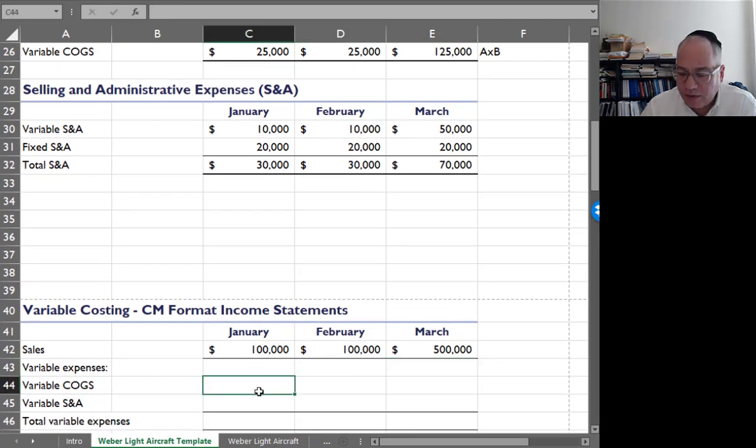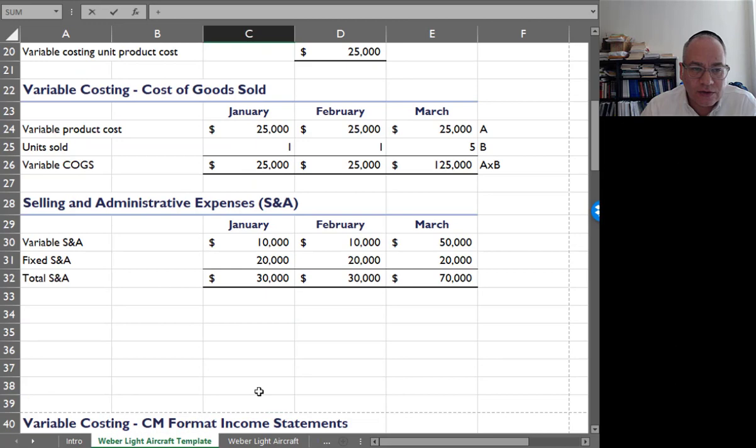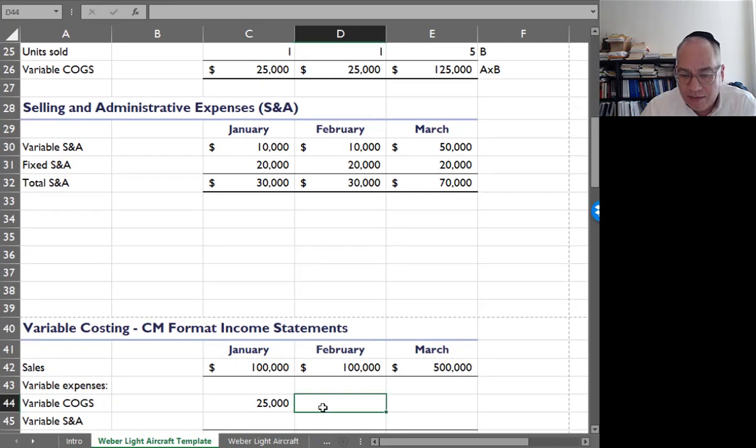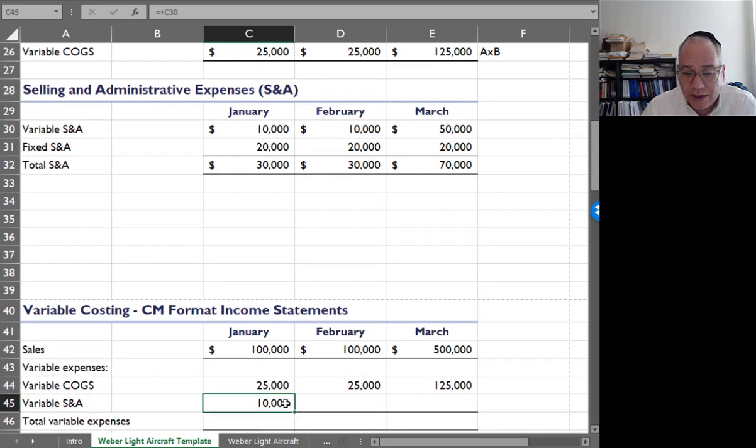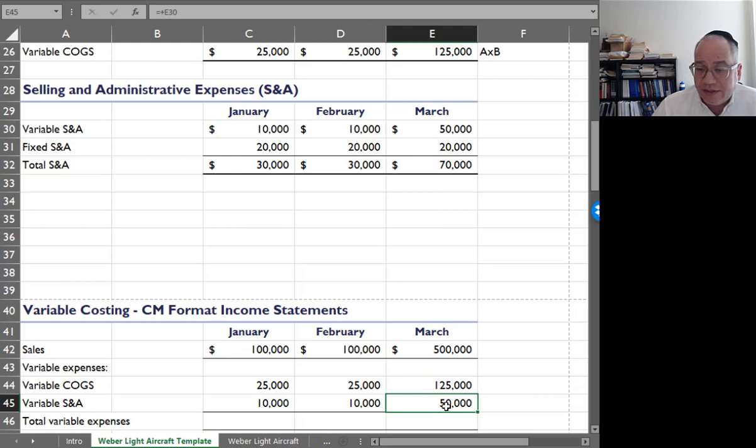Now let's look at variable expenses. My variable cost of goods sold in January was $25,000, we said, and we calculated February to be also $25,000, and March to be $125,000. Variable selling and administrative expenses, because I want to keep them together, is $10,000 in January, $10,000 in February, and $50,000 in March.